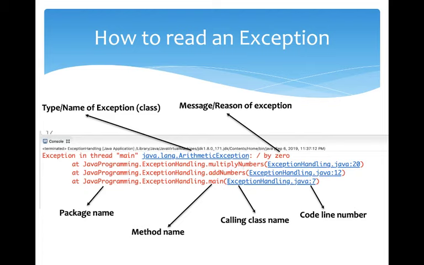So that's why the JVM went back to the add number method, which is the method calling the multiply number method. Here also it was checking whether the exception is being handled. It's not, so it will throw it. It is basically saying, okay, you have an exception in this method also, at line number 12. And then it finally went back to the main method, and the main method is also not handling it.